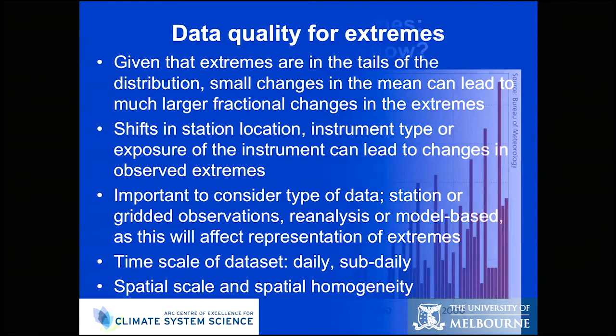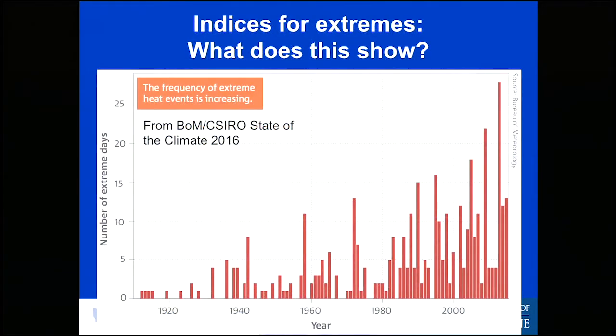Here's my favourite graph from the Bureau of Meteorology CSIRO State of the Climate, and it says the frequency of extreme heat events is increasing. Looks like it. So the numbers are correct in this graph.